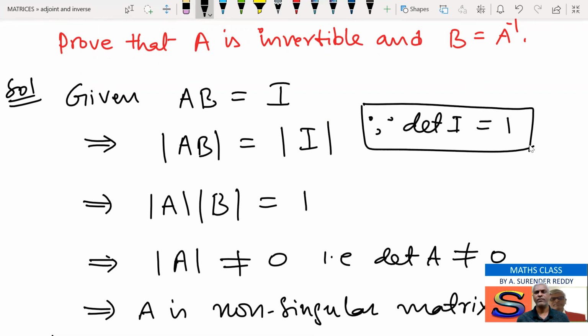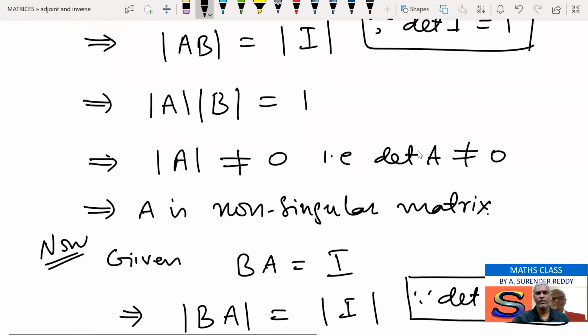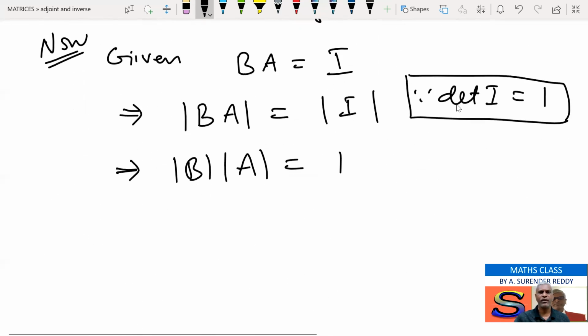Already explained in the previous classes. So I being a unit matrix, its determinant is 1. Now the product of two numbers is 1, then both of them should not be 0. When these two are multiplied to give 1, neither of them can be 0. So this implies the determinant of B is not equal to 0.